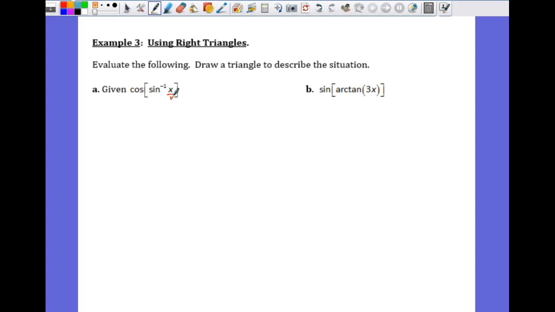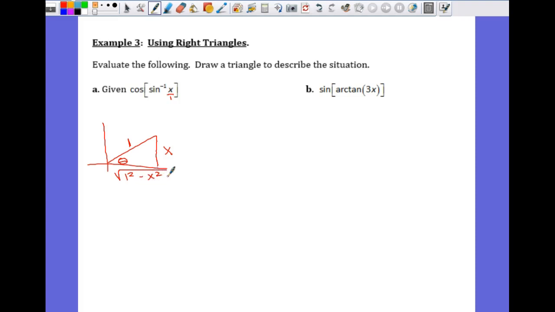Okay. So to get cosine, I need the adjacent. Because the hypotenuse is 1, the opposite is x. Here's my theta. So I need the square root of 1 squared minus x squared.